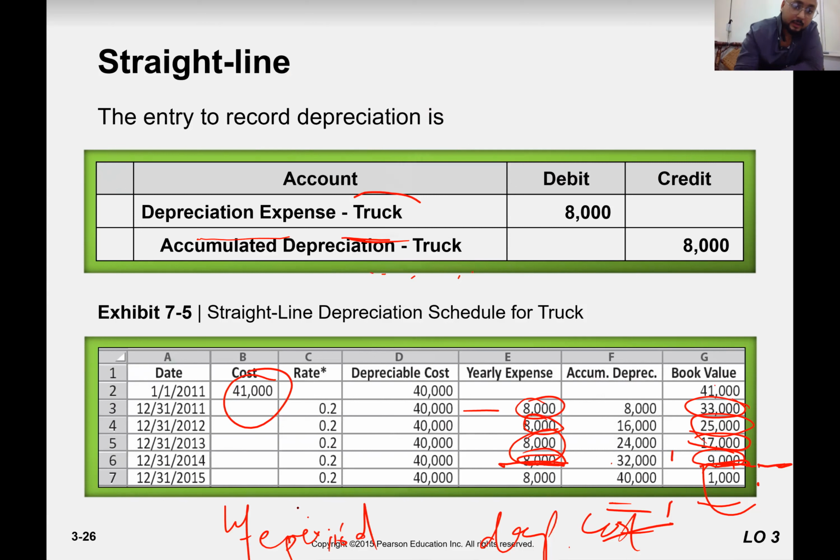At the end of the life period, the book value of the asset is equal to salvage value, SV, or scrap value, or RV, residual value, right?